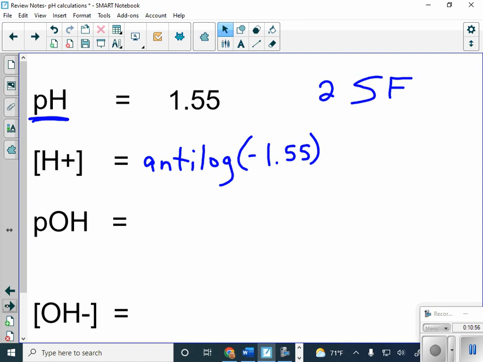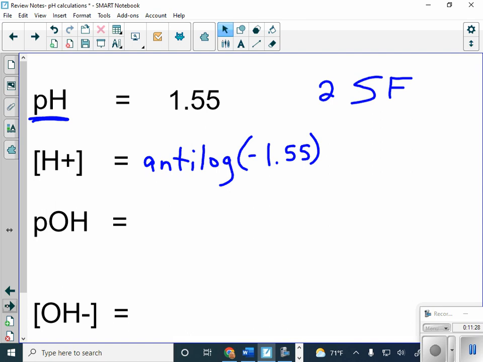Now this becomes a calculator deal. So take out your calculators. I'm going to show you how to calculate the antilog of negative 1.55. Look at your calculator and find the LOG button. On my calculator, it's the button to the left of the 7. Is everybody able to find the log button?